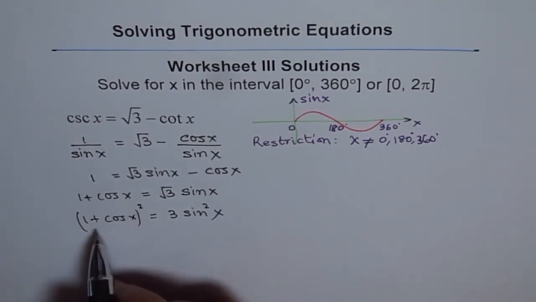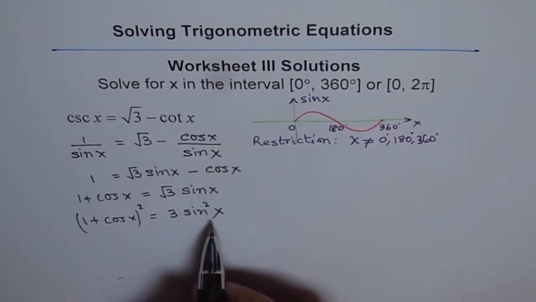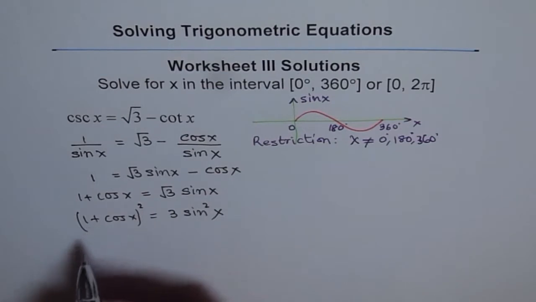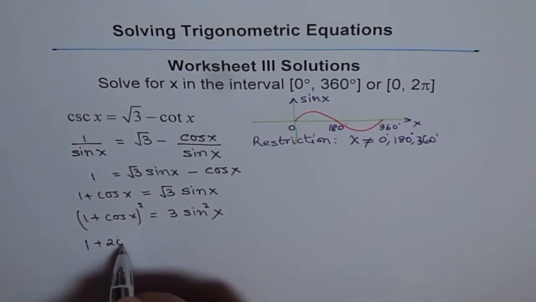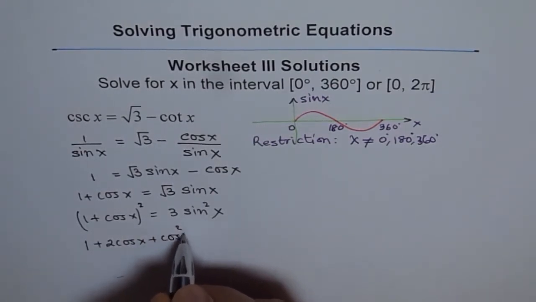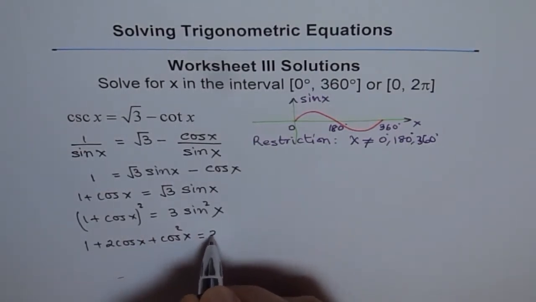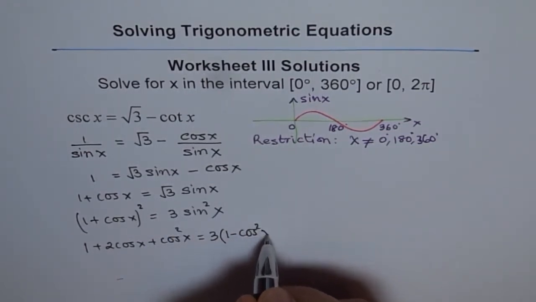Now we can expand this side and we can write sine square x in terms of cos square x. So when we expand here, we get 1 square plus 2 cos x plus cos square x equals 3 times 1 minus cos square x, right?